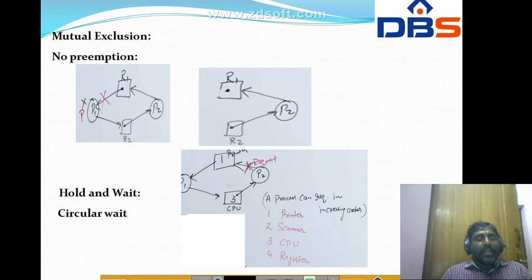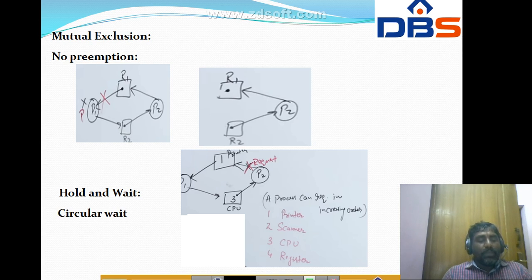Remove circular wait just by giving numbering. For example, a system has a printer, scanner, CPU, and register resources. We give numbering to all the resources. When a process requests a resource, it will request in increasing order. First is printer, second is scanner, third is CPU, fourth is register.